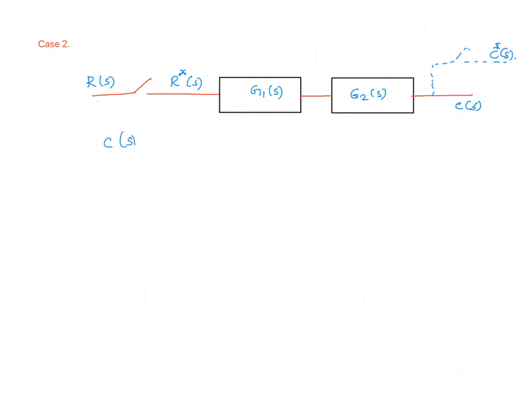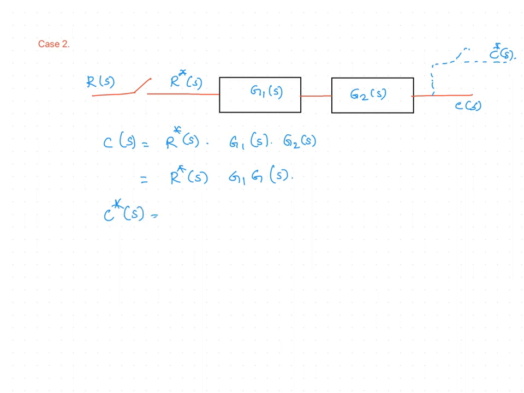So we can write C of S as R star of S multiplied by G1 of S into G2 of S. But since there is no sampler in between G1 and G2, I can combine G1 and G2 as G1G2 of S, so that in case I need to find the Z transform, I can combine the two functions and then find the Z transform of the composite function.